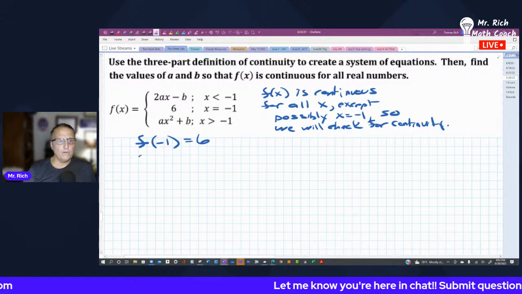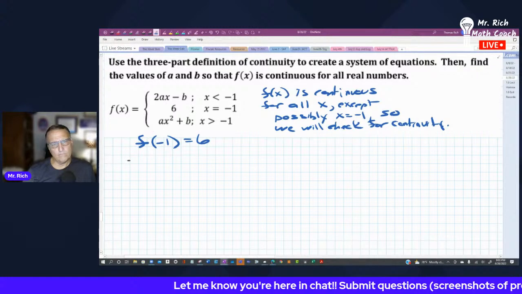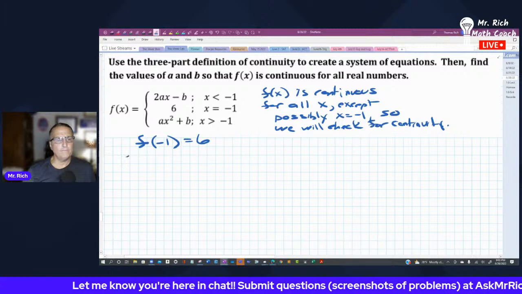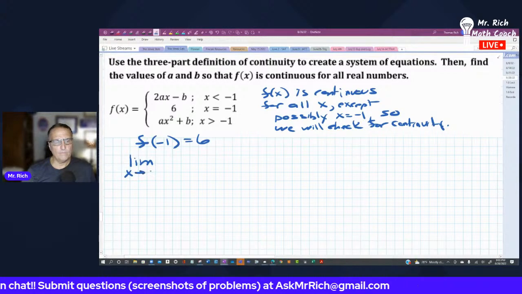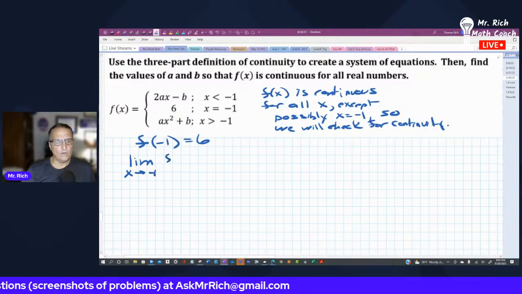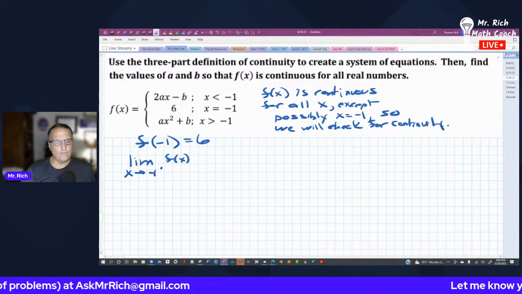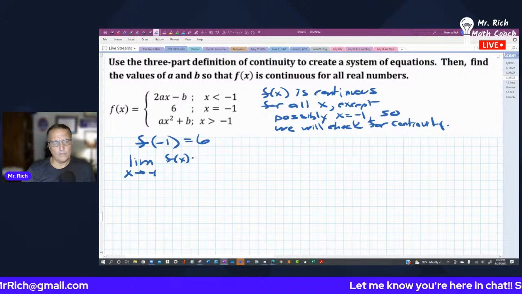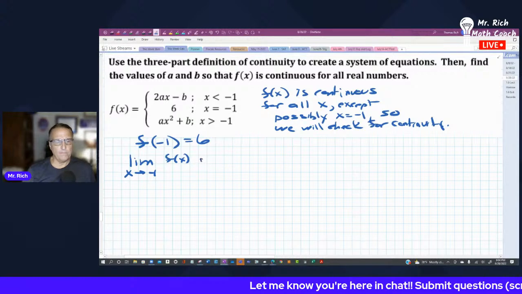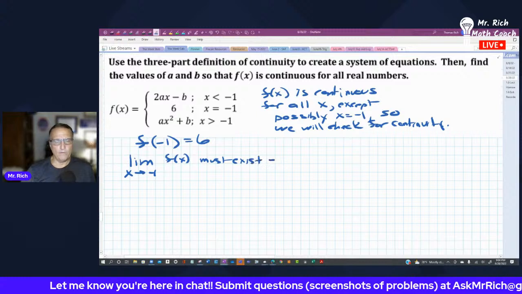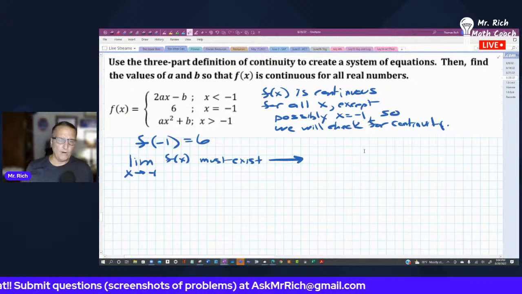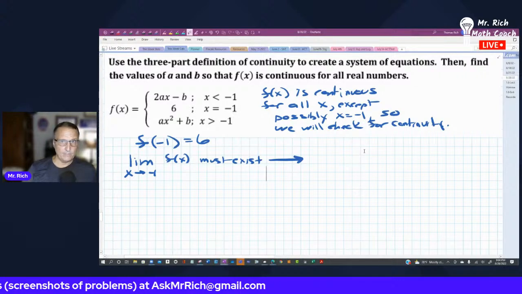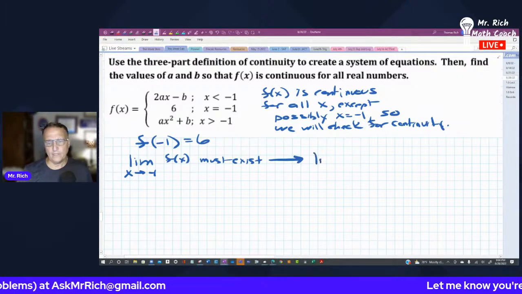Now, what has to happen here is that the left-hand limit as x approaches -1 of f of x, well, let's just state it this way, it must exist. Well, for it to exist on a piecewise function, the left-hand limit and the right-hand limit have to be the same.